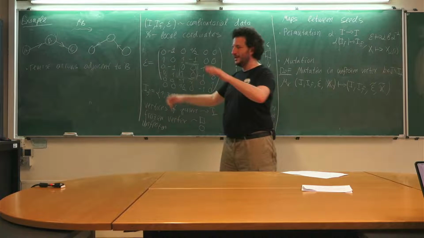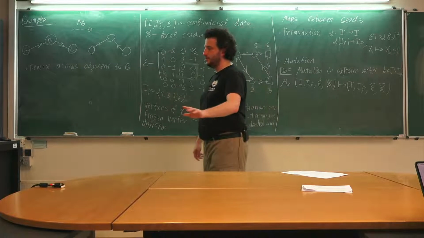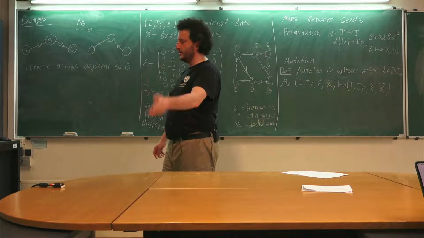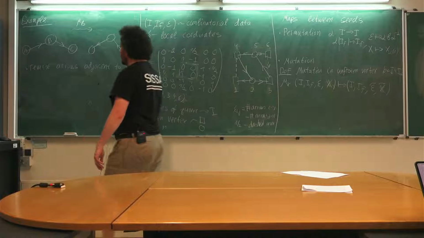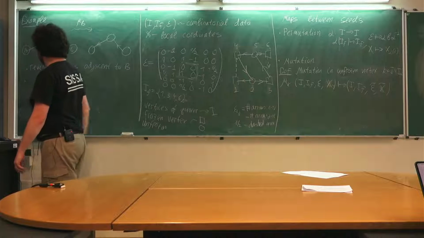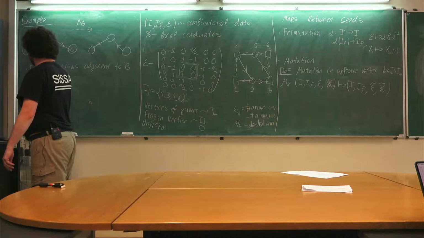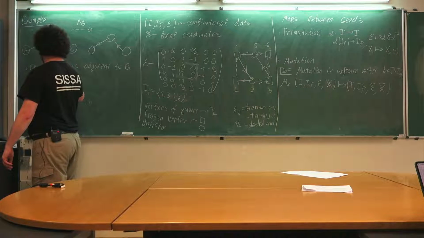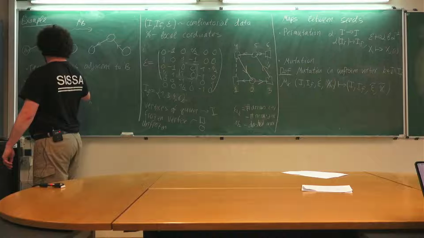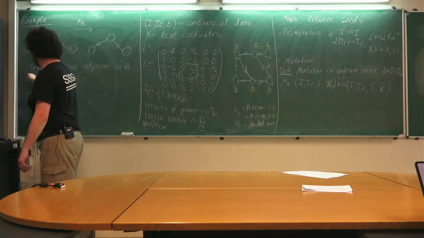And I'm sloppy and I identify a vertex with the variable assigned to this vertex. And then we have to close triangles.